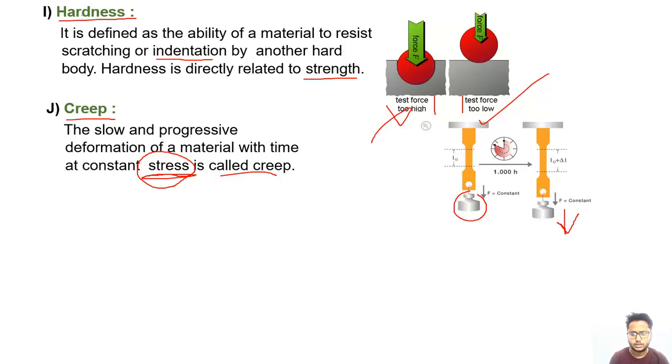If we increase the temperature more, this deformation occurs at a very fast rate. So this is known as creep. If there is a constant load, the material will not fail if the temperature does not vary. But if we increase the temperature, it will fail at a constant load.